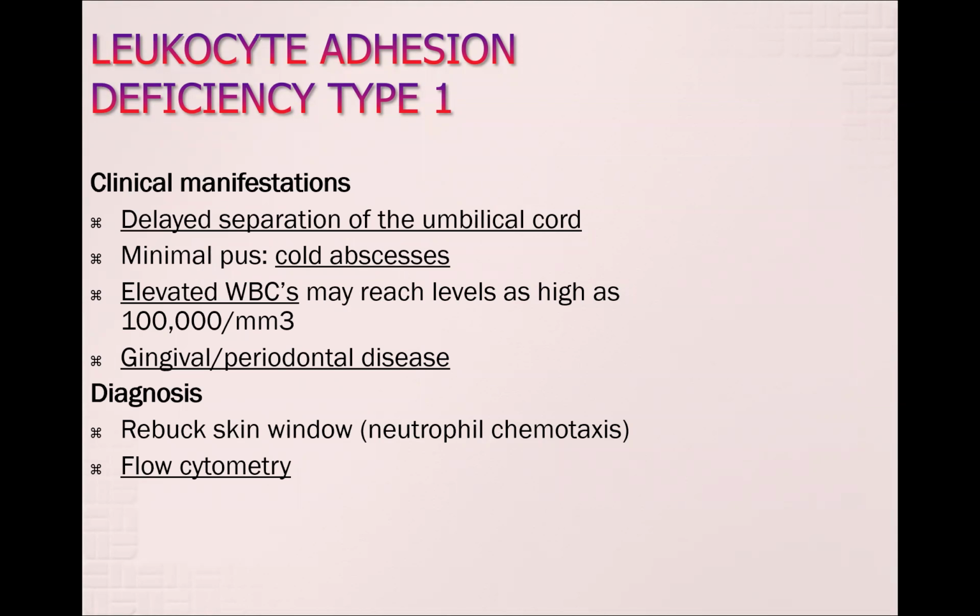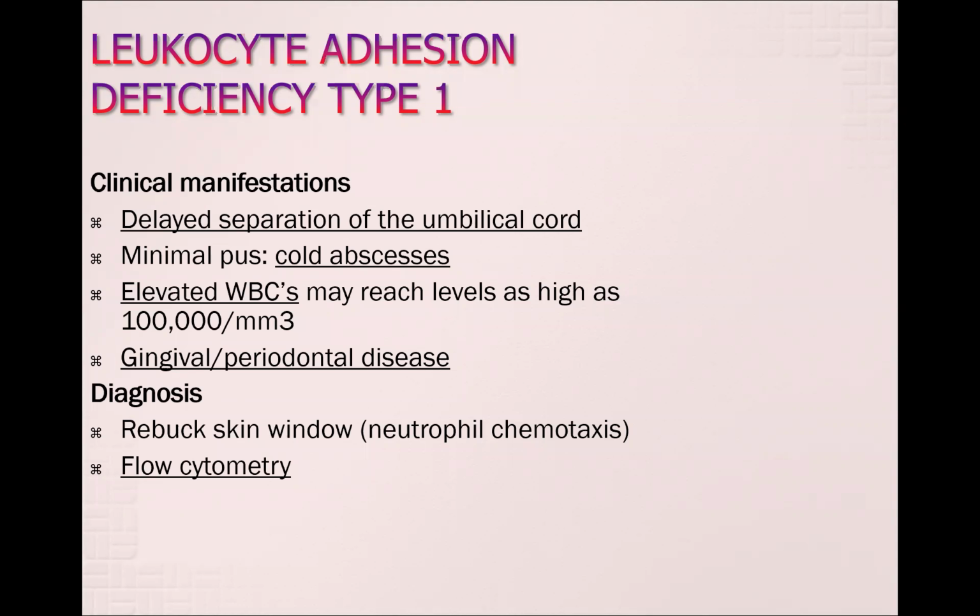So clinical manifestations, the big one is the delayed separation of the umbilical cord. You'll form what are called cold abscesses. Oftentimes you'll have some abscesses that are not warm to touch. They may have a paucity of polymorphonuclear cells present in them when you sample them and do a Gram stain. Very, very elevated levels of white blood cells when you go to check them, because again, they're all in the vessel.